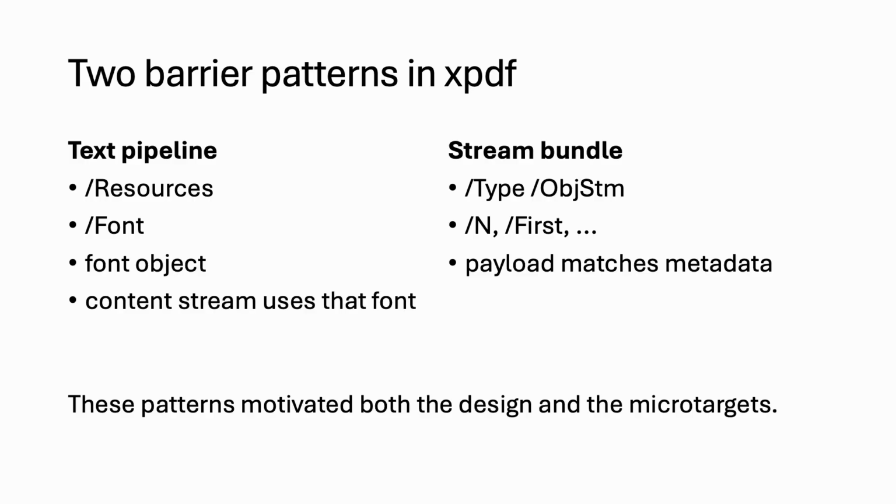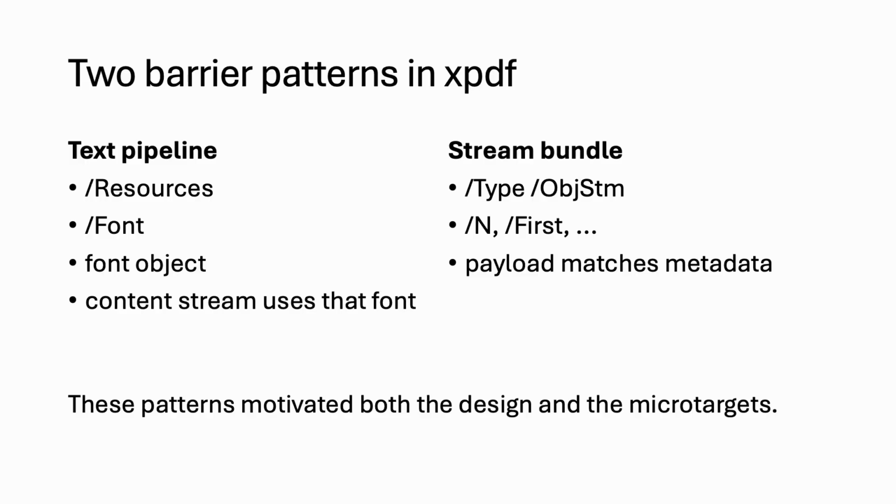And stream bundle is very similar in the sense that it also needs to have all of these different fields be coherent, but there are certain differences in the nature of some of these stream bundle tokens that require slightly different strategies.